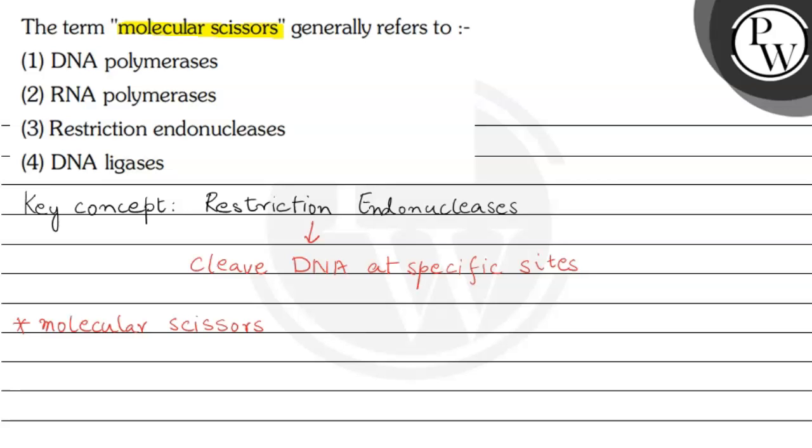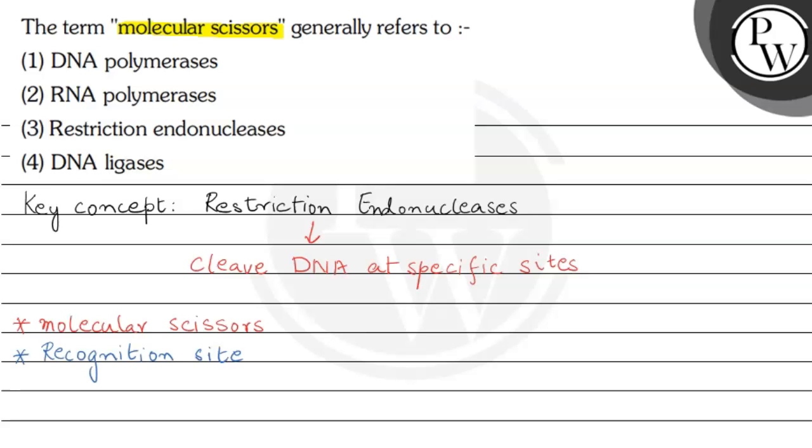Now they are known as molecular scissors because they cut the biomolecule DNA. Now the restriction endonuclease recognizes a specific nucleotide sequence which is known as the recognition site. So once the restriction endonuclease recognizes the recognition site, then it can cleave the DNA by cutting the DNA at a specific site.